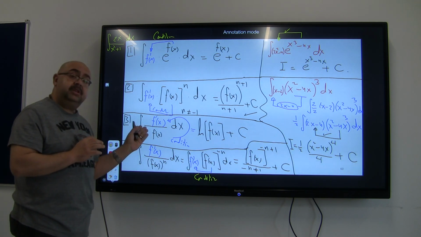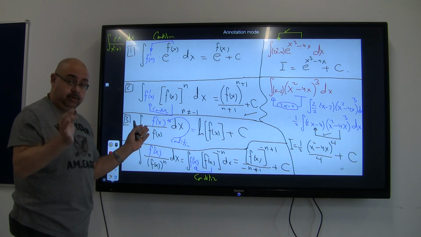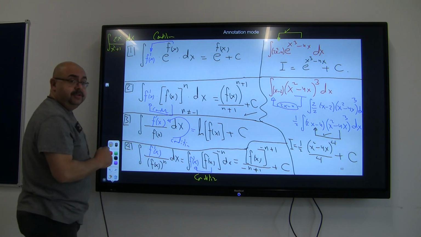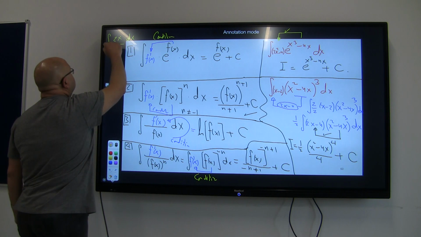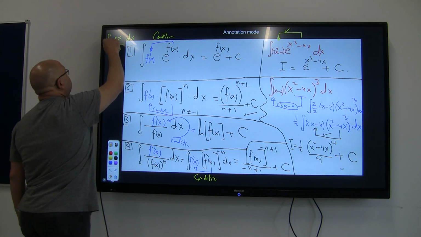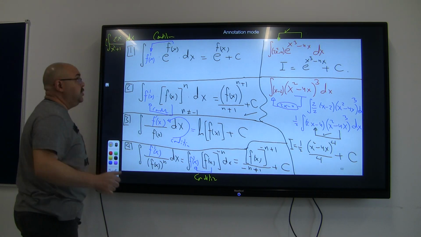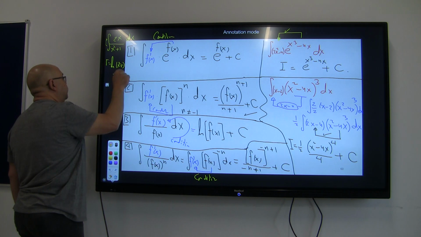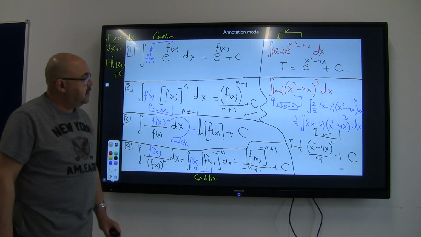So I'm going to use this one instead. In order to use this rule, you have to be sure that the derivative of the denominator exists in the numerator. I can see that it's already there. For x squared plus 1, the derivative is 2x, so it is correct. So the answer is simply ln of (x squared plus 1), don't you forget plus a constant.